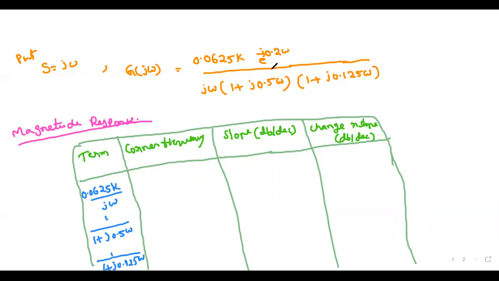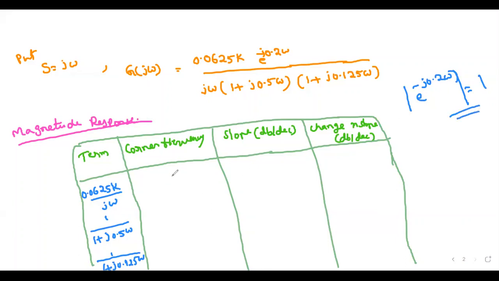Any answer for this? Why is it not considered in the table? Anyhow, we need not consider this exponential in the magnitude response because the mod of e power minus j 0.2 omega is equal to, what is the magnitude of this? 1. That's why we need not consider it.